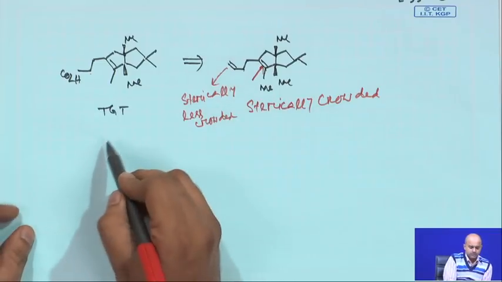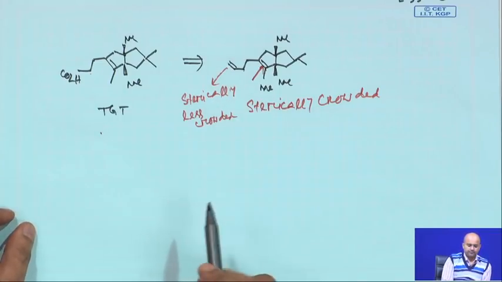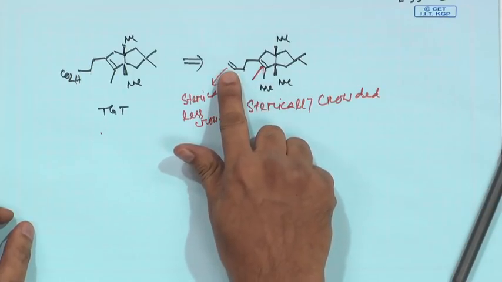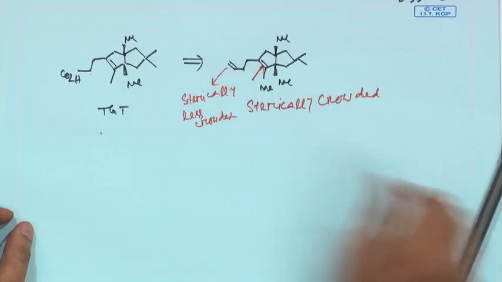So, based on this information, if we have to touch one particular double bond, it is always better to do some reaction which can be controlled sterically.